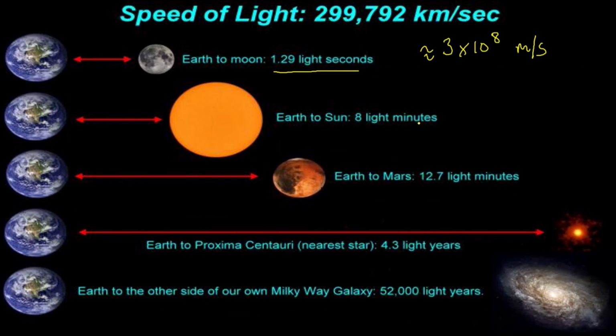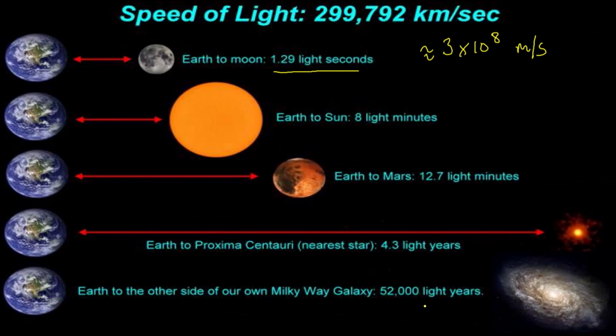Earth to the sun, 8 light minutes. Earth to Mars, 12.7 light minutes. Earth from one side of the galaxy to another, about 52,000 light years. Now the reason why we use light years instead of kilometers is because light is really, really fast. And it travels an incredible amount of distance for a specific time period.